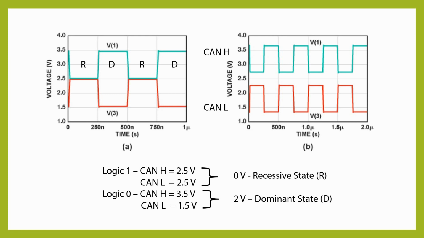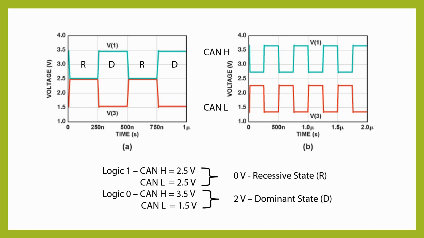But the one thing that we have to remember is the recessive state, or the 0 volt state, basically represents the logic 1. It's contrary to what we do conventionally. So logic 1 is the 0 volt recessive state.